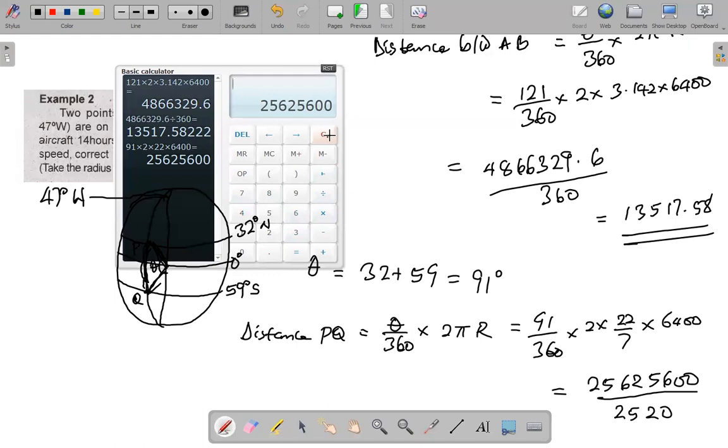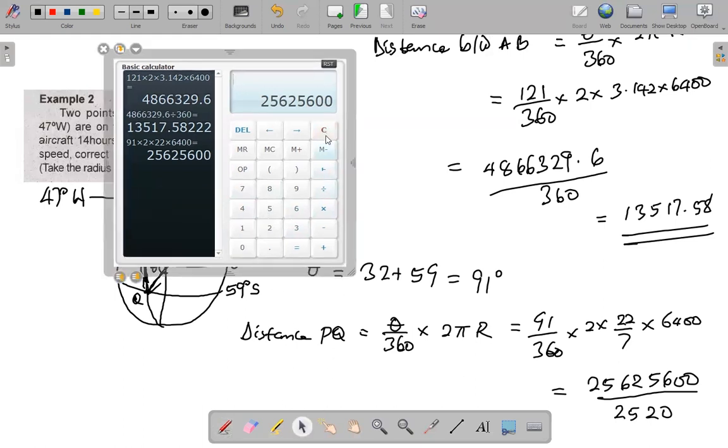So let's confirm that, 360 times 7. Good. So now let's divide 25,625,600 divided by 2,520.